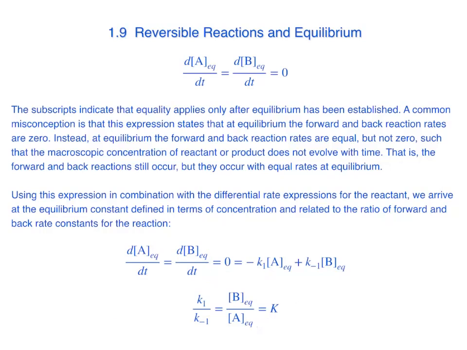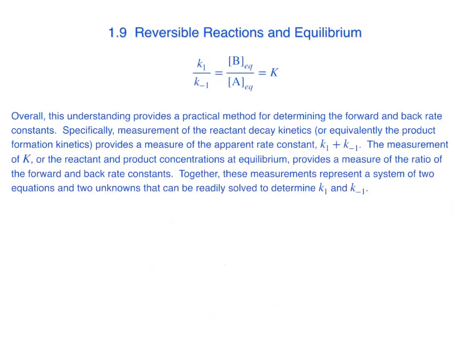And so this equilibrium constant can be expressed in one of two ways. It can be expressed in terms of the concentrations of B and A at equilibrium, or it can be expressed in terms of a ratio of the rate constants, k1 over k minus 1. Overall, this understanding provides a practical method for determining the forward and back rate constants.